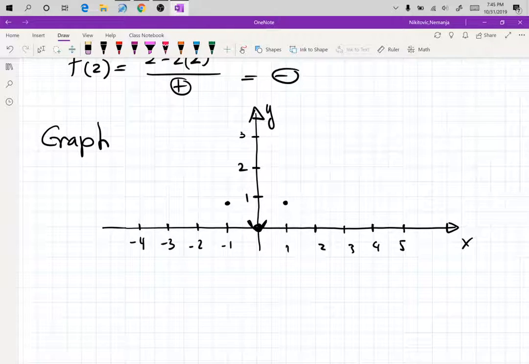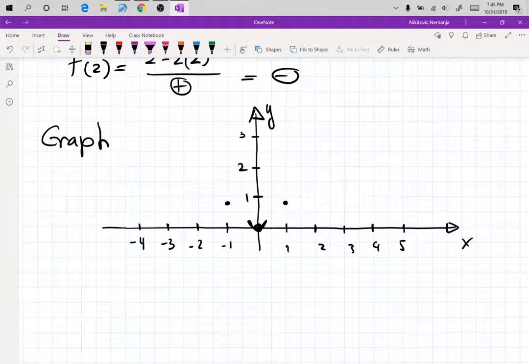is where my inflection points are. What do inflection points do? They change concavity, right? So if I connect these points, I will have something that is concave up. So it's concave up, right?